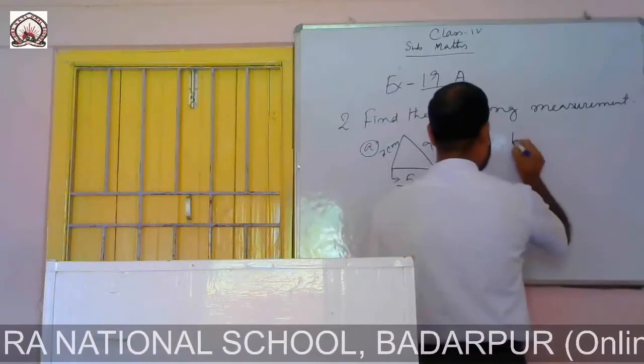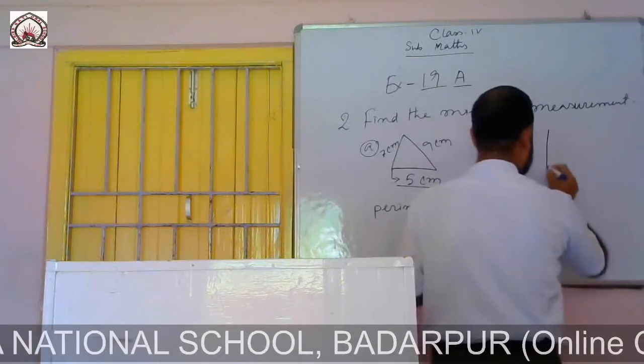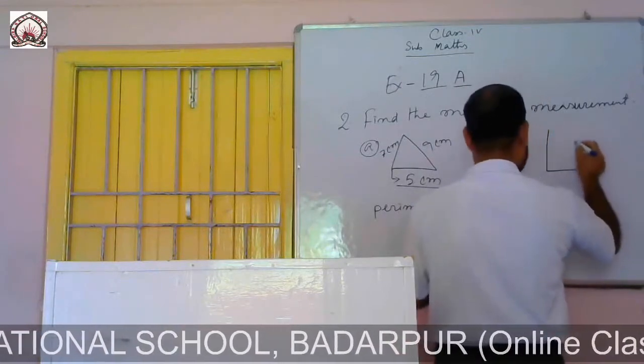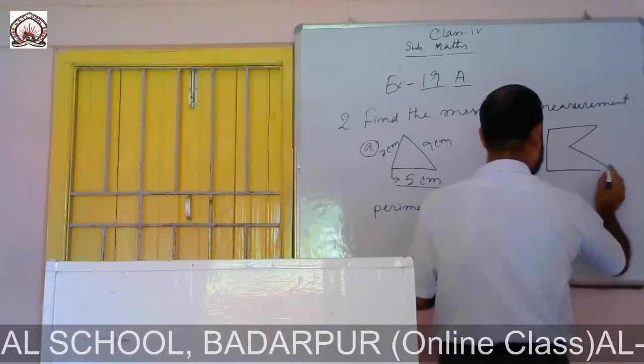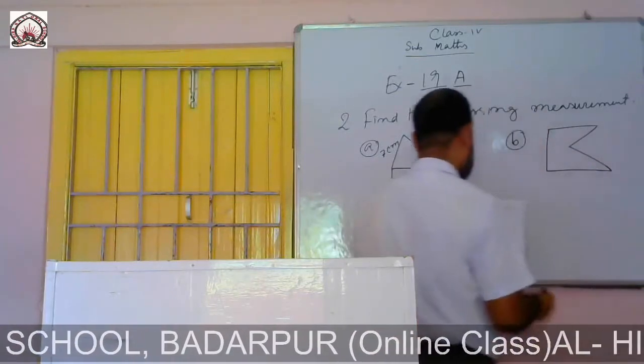Next, question number B. We take out the perimeter of this figure.